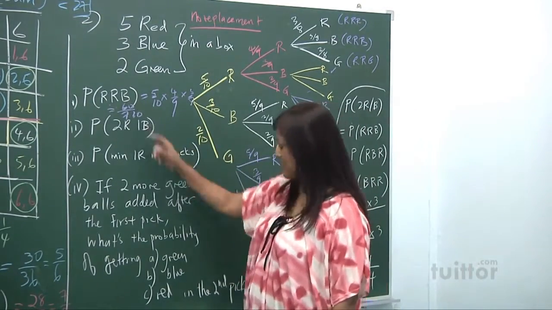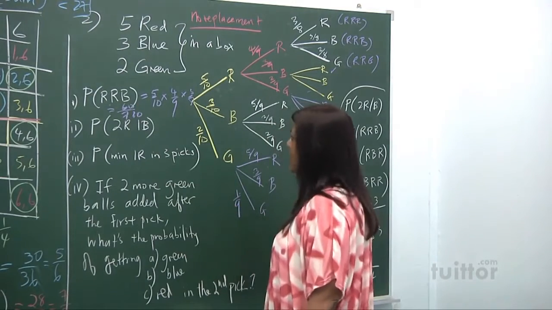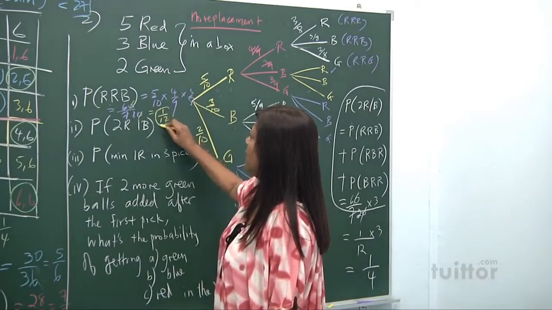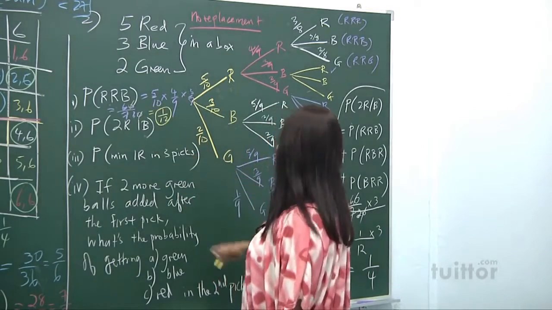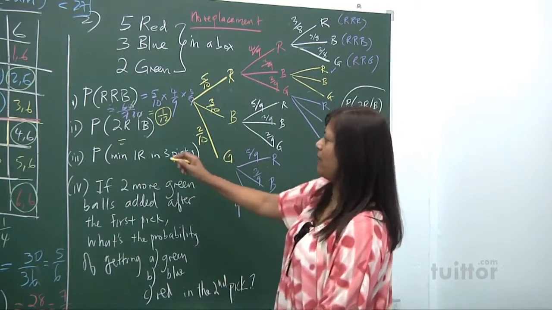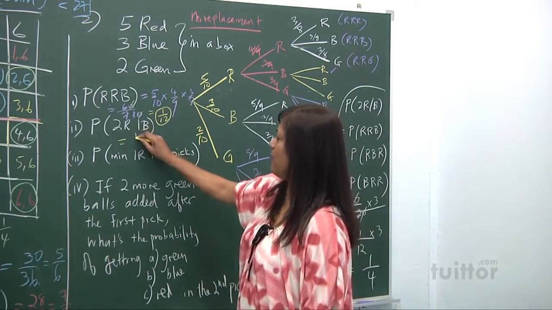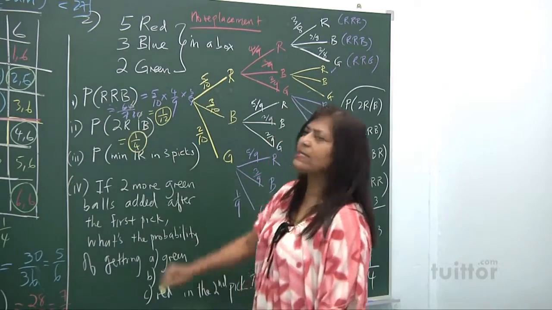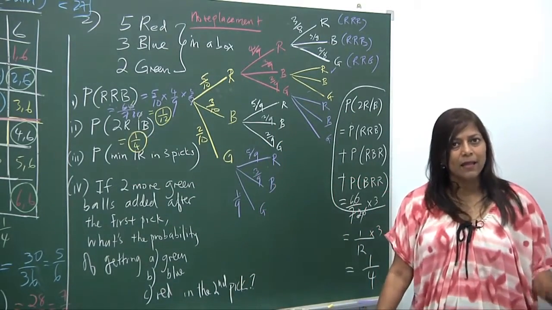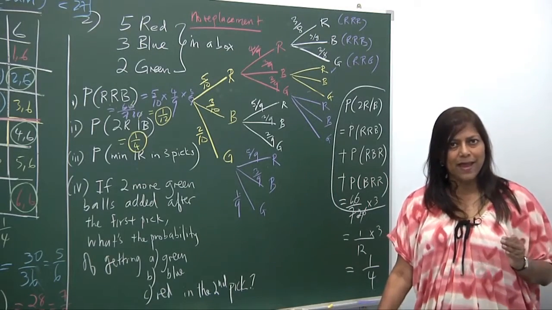If you look at this 60 out of 720, if I reduce it, you get 1 out of 12. Whereas in this case, you get 3 out of 12. Alright? 3 out of 12 is 1/4. Chances are a lot better because they're not specifying the order of events.